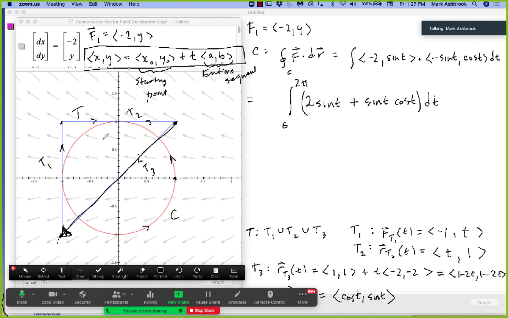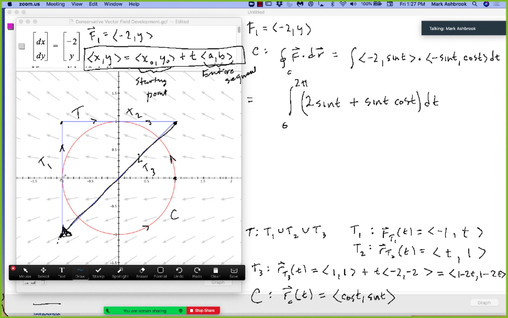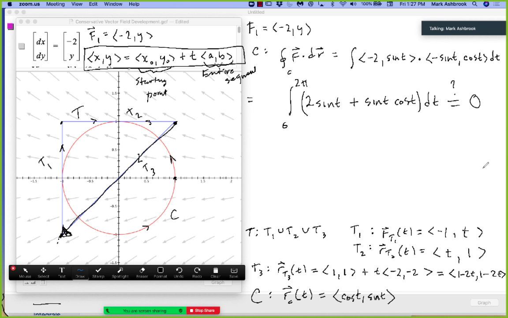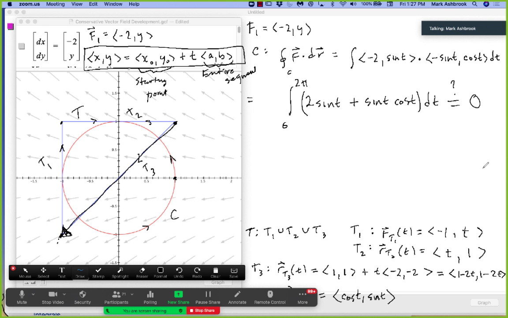But you see that there's kind of a symmetry to this field over the x-axis, so it looks like the positive contribution in the first half of the revolution is going to be equal to the negative contribution coming back. Does everyone see that? So we think this is going to be 0. Questions?